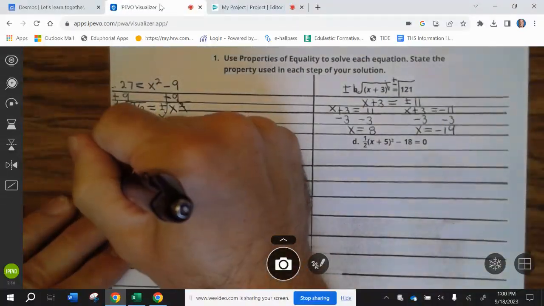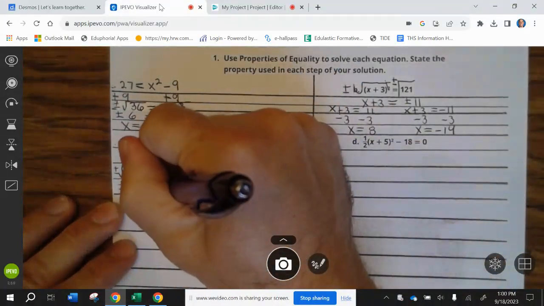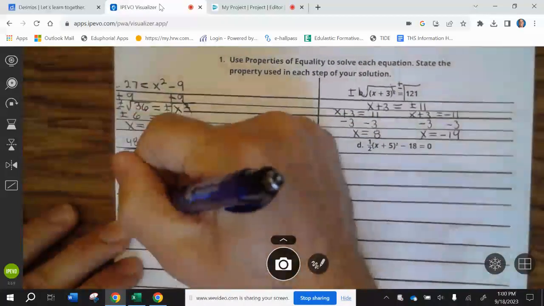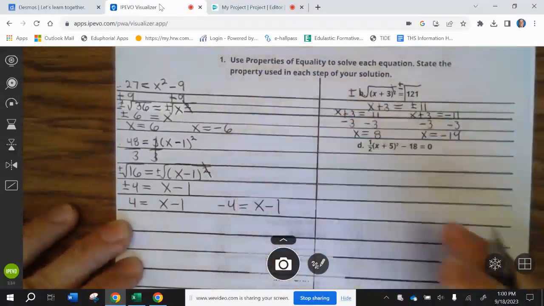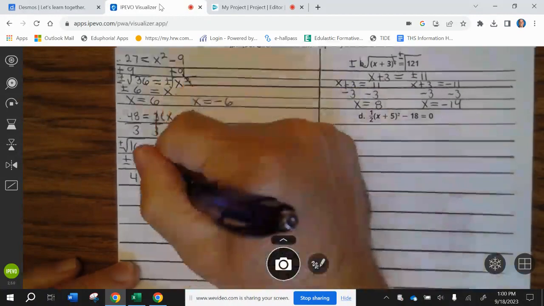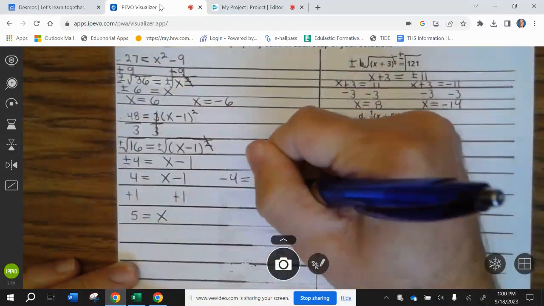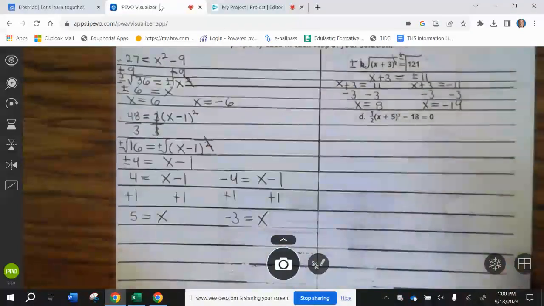The square root of 16 is plus or minus 4 equals x minus 1. So 4 equals x minus 1, and negative 4 equals x minus 1. So we're going to add 1 to both sides. 5 equals x. Add 1 to both sides. Negative 3 equals x.